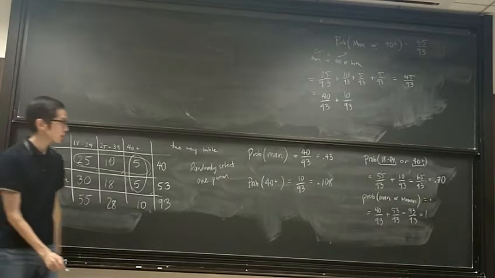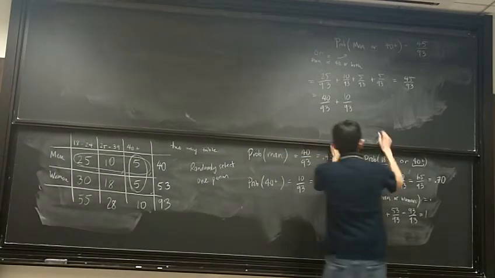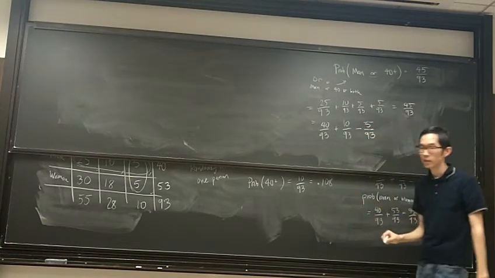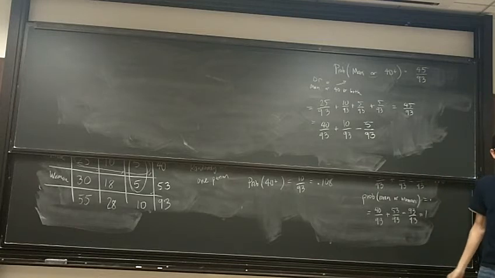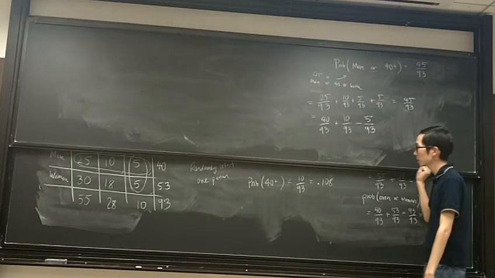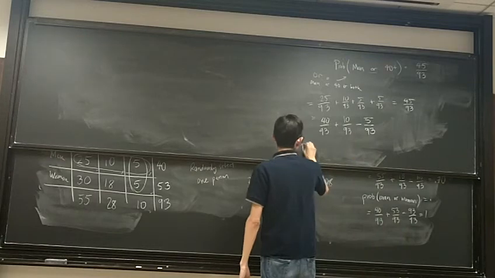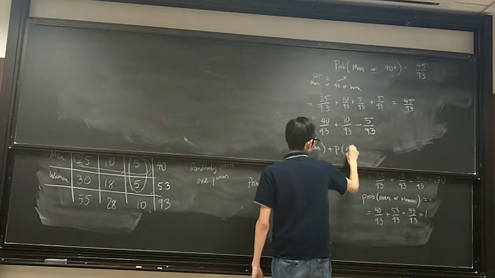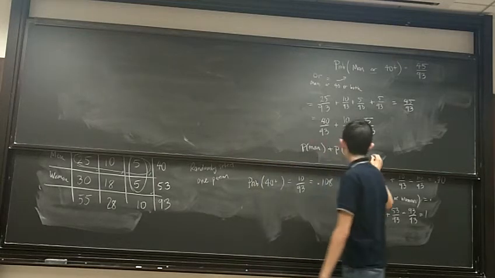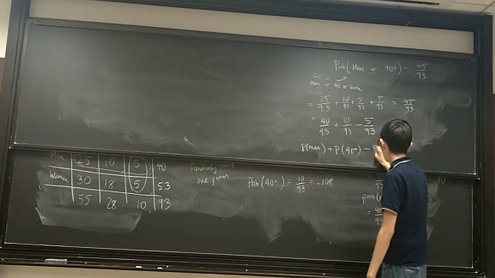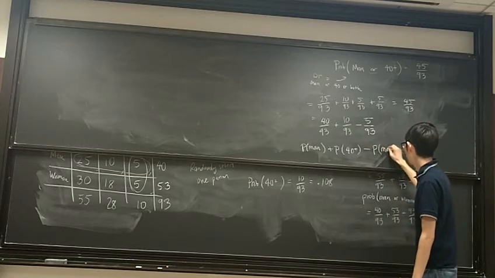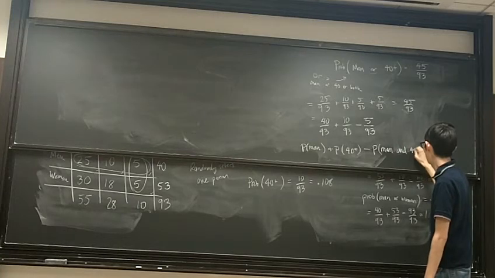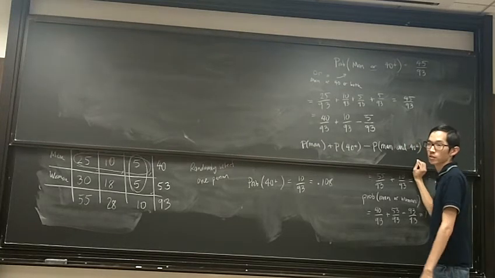So what I'm going to do is subtract off the part that overlaps. In this case, this is probability of being a man plus probability of being 40 and up minus the double counting: the men who are, so man and 40 plus.